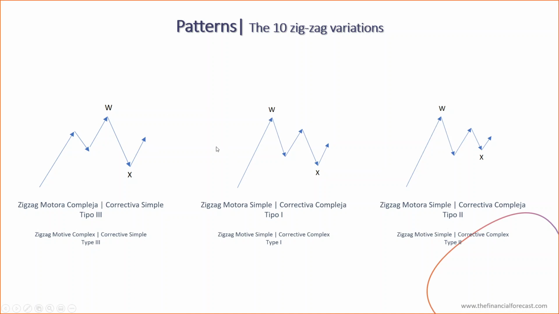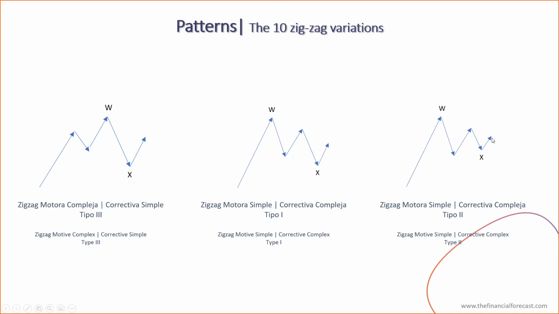And then we move to the next pattern. We have a simple motive wave W, and then a complex corrective wave X. Here we can see that the time wave X will need to be completed will be much higher than the time spent by wave W. So in these cases, we can find what we mentioned before, a long and shallow corrective wave.